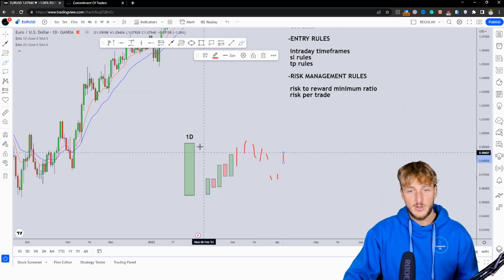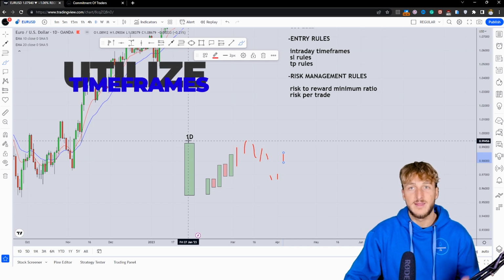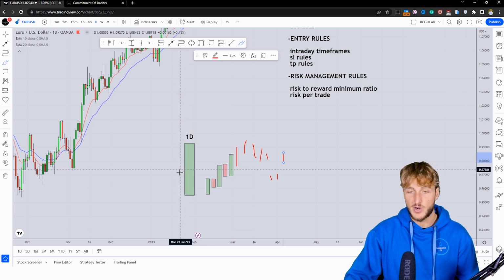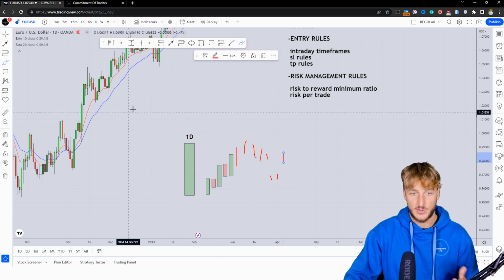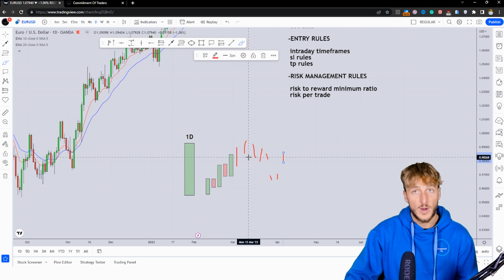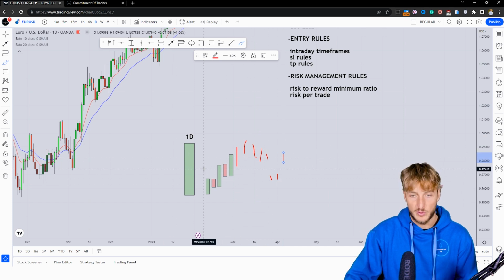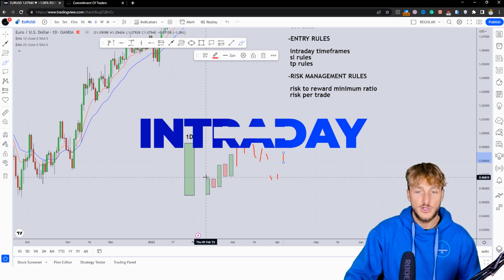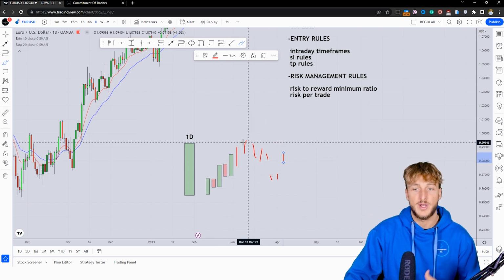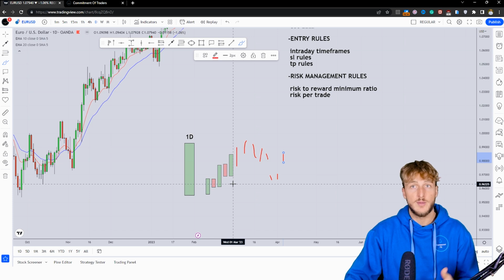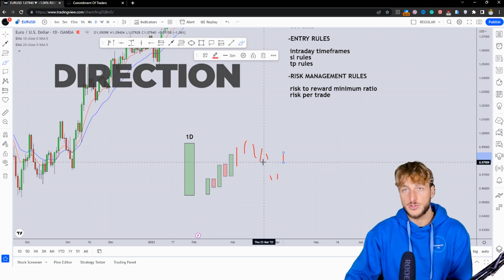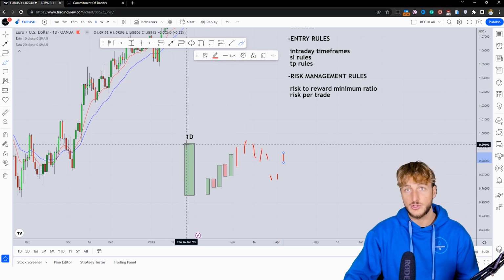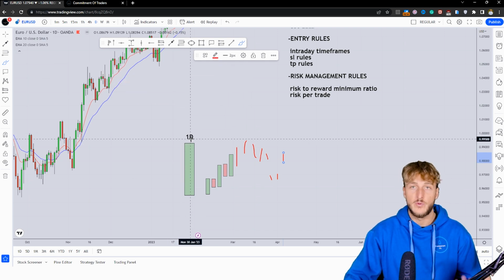So by looking just at the daily time frame, you have a very limited amount of data and structure that you can analyze in the market, because you have just one candle for every day. While if you're looking at the 1 hour, at that point you will have a lot more movements. You will have more intraday movements, right? And you can use the structure created from an intraday perspective to time your entries in the direction of the higher time frame, right? So the higher time frame will be more accurate in showing you the direction of the market.